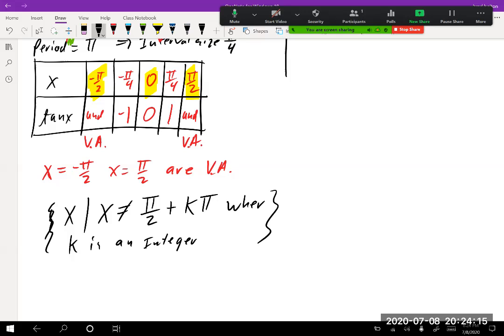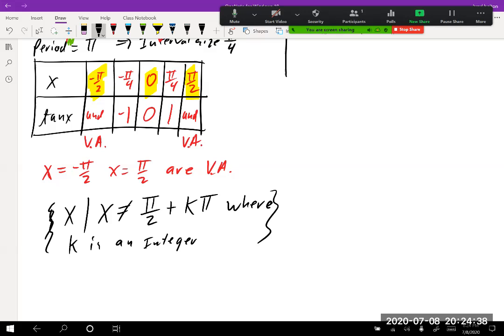Right? Because if you pick k to be -2, oh no, it would have to be pi plus 2, so it'd be 4 pi over 2, so 5 pi over 2. Yeah, so it's k integer multiples, right?